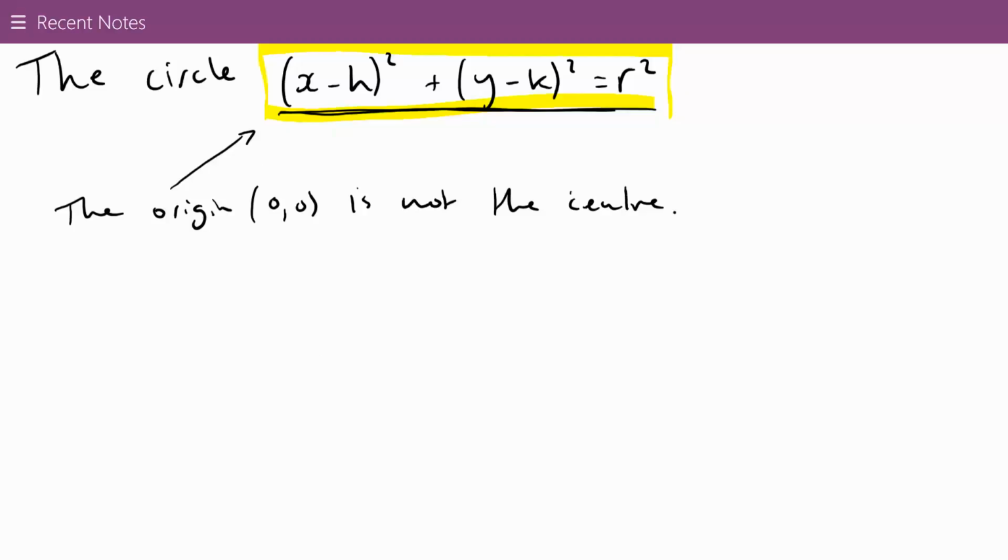And like I said before, the center might be there, and it might go like that, or so on. It might move up or down. So when we look at this form, you have to think to yourself, that does not have a center at the origin.